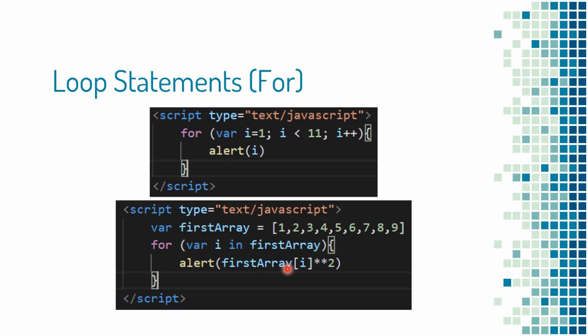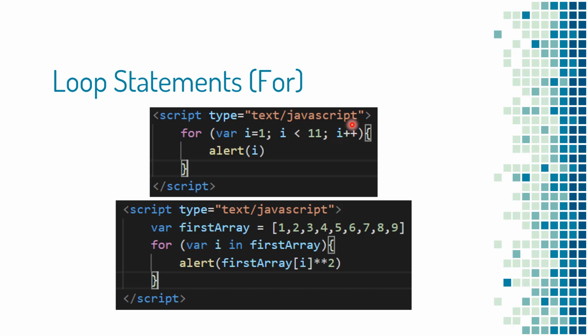The first one is the default for statement. In any repetition, in any programming language, you always need three main steps or three main parameters to work. The first one is the starting point. Then the stop point, or some people call it a stop condition, when this loop or repetition will stop or terminate.